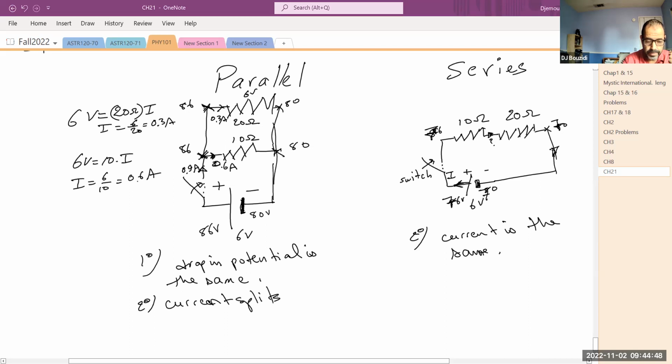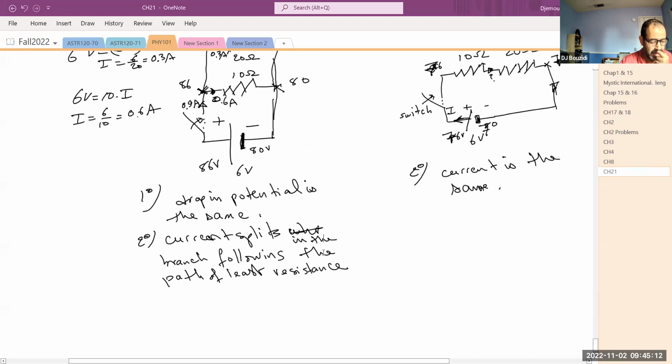So in here, the current splits in a branch, following the path of least resistance.